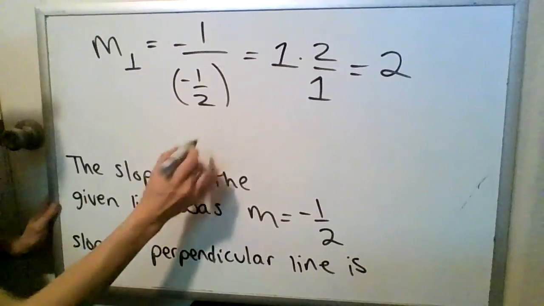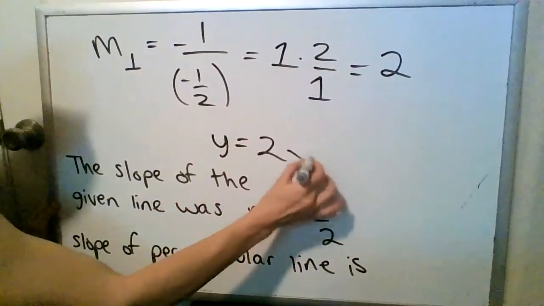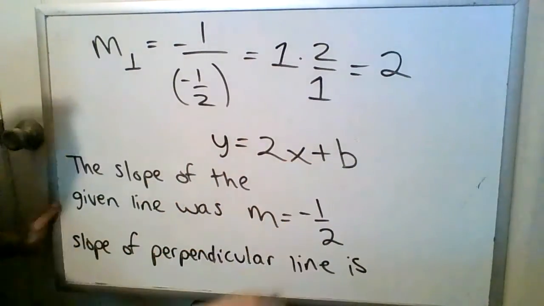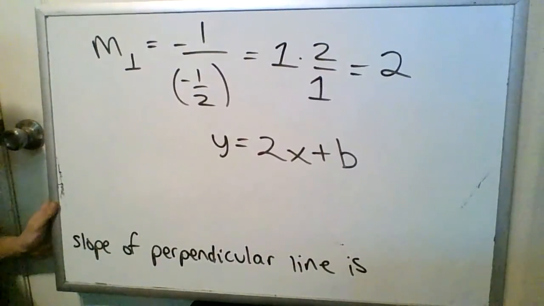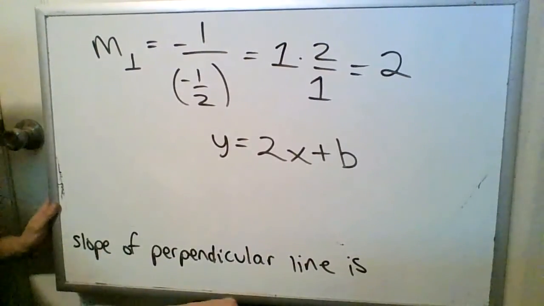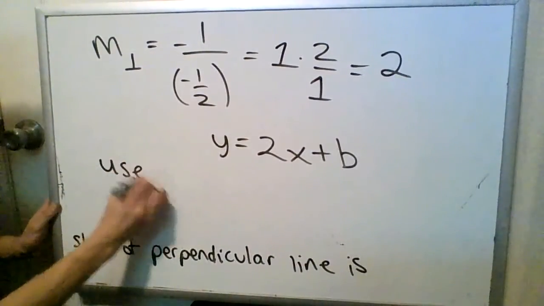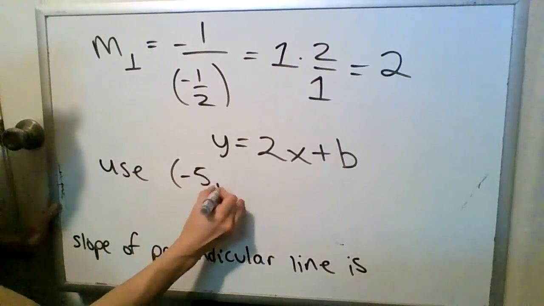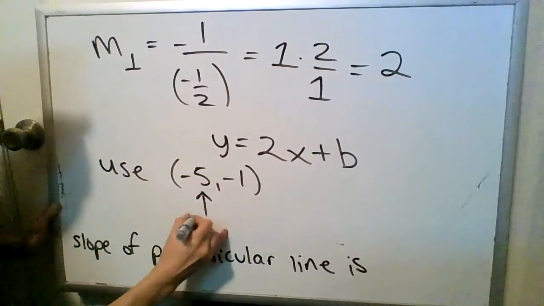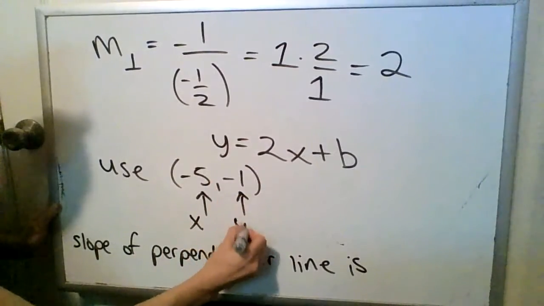Okay, so we're at y equals 2x plus b. And I had a point, negative 5, negative 1. This is my x, and this is y.